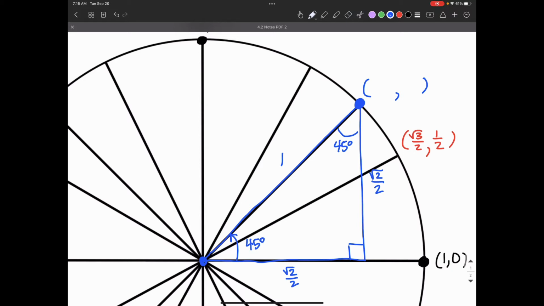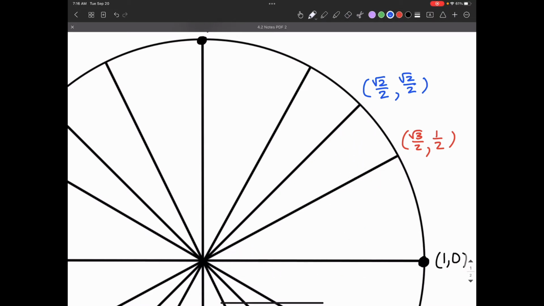So the horizontal length, the x value at that point, is going to be the square root of 2 over 2. And the y value is the height of this triangle, which is also the square root of 2 over 2.